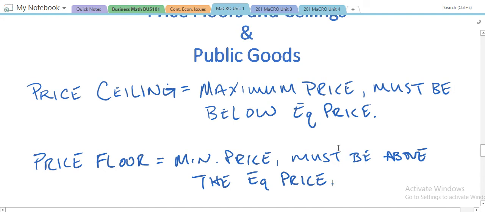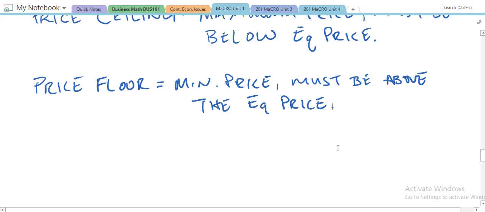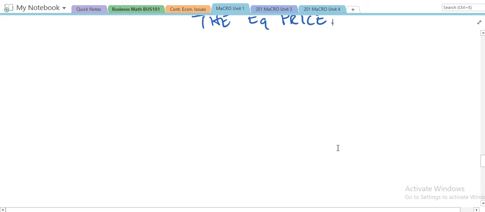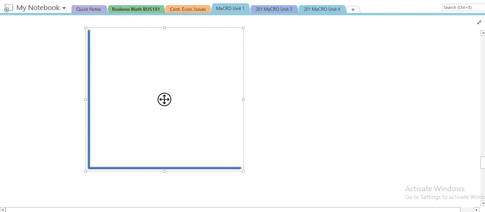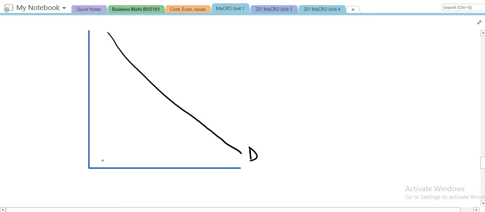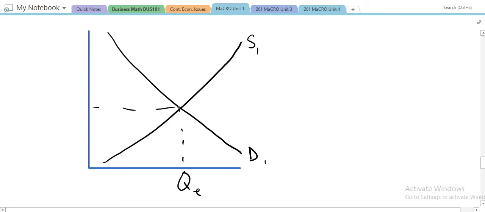If you want to pause it, you can go ahead, and then we'll graph exactly what each one of these looks like. So let's take a look first at a price ceiling. Okay, we're going to draw our demand curve here, and we'll draw our supply curve here, and we have our equilibrium quantity, we have our equilibrium price.